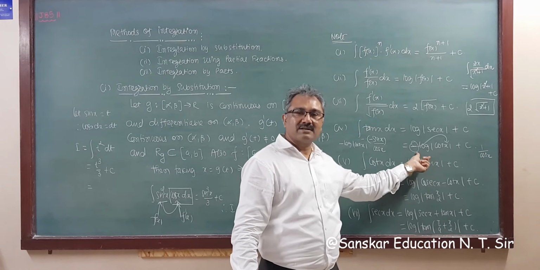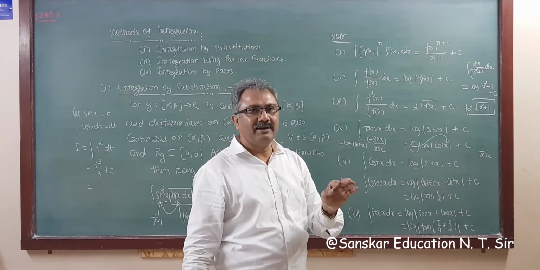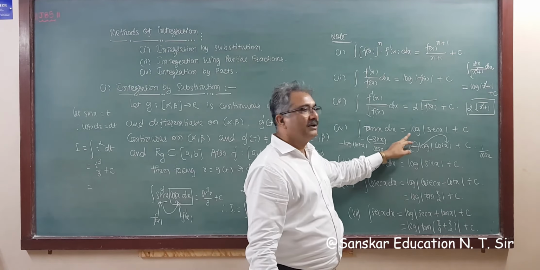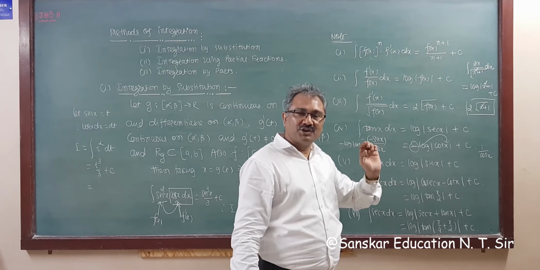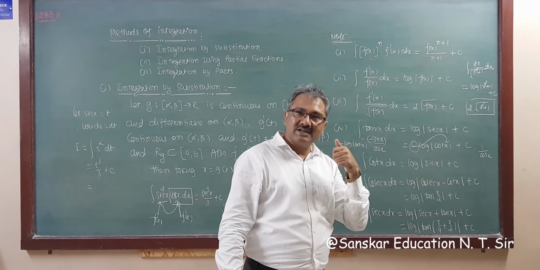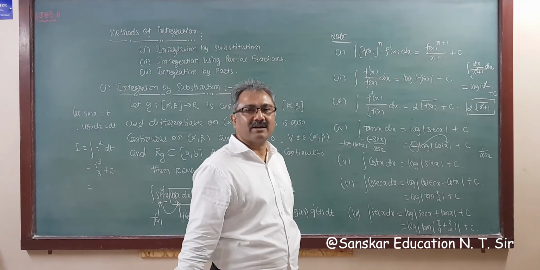This is the correct answer. So in integration it's a very, very important thing to apply the proper formula for MCQ. Check which formula is applied and what the possible answers are. जो possible answer है वो सब check करना है.